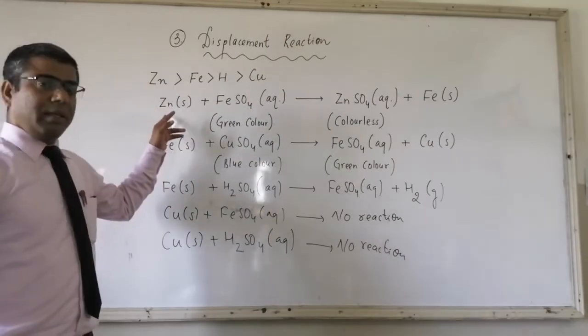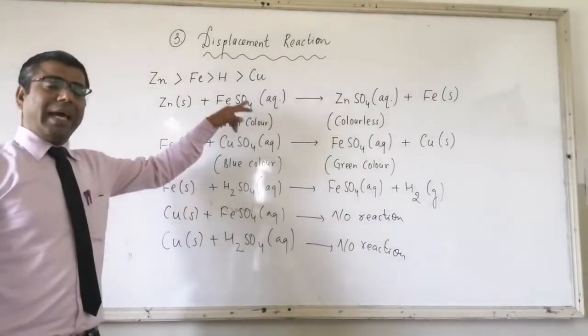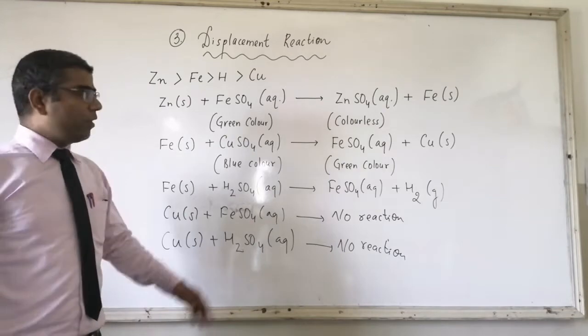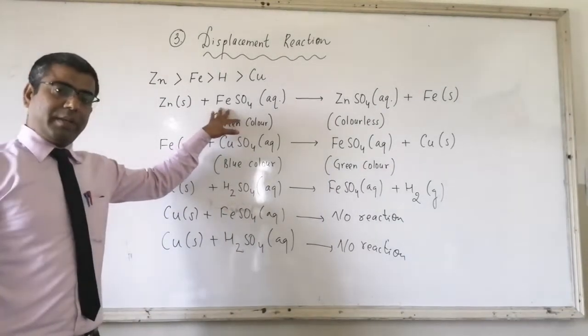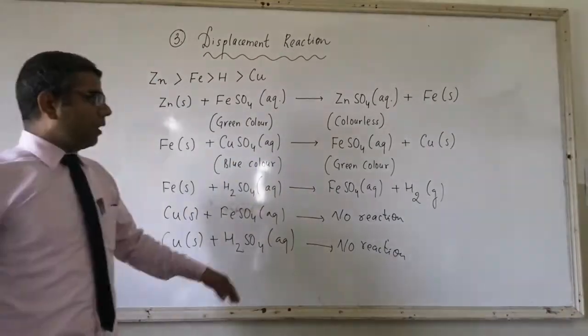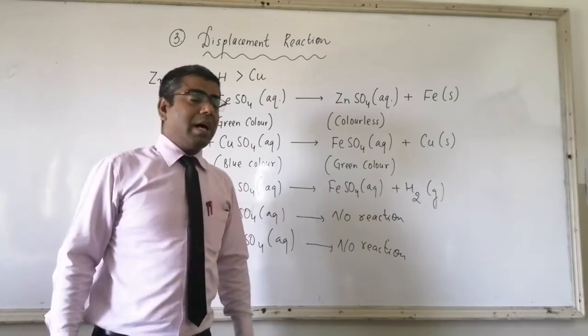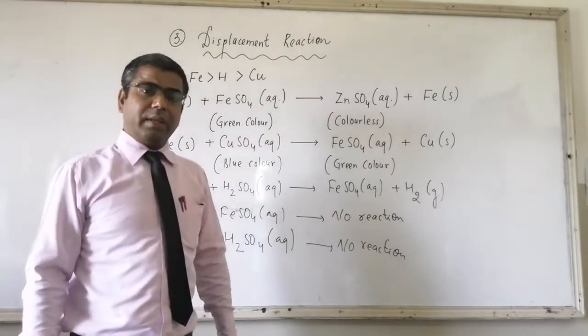So zinc is displacing iron from its compound present in the aqueous state. Here we have prepared a solution of iron sulfate. So green color will be converted to colorless solution, because after reaction iron sulfate is converted to zinc sulfate.